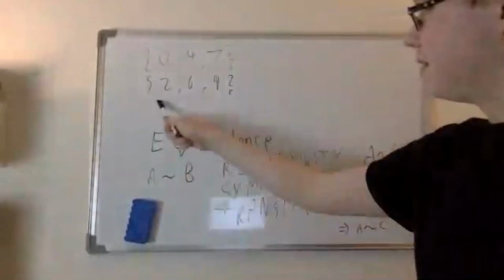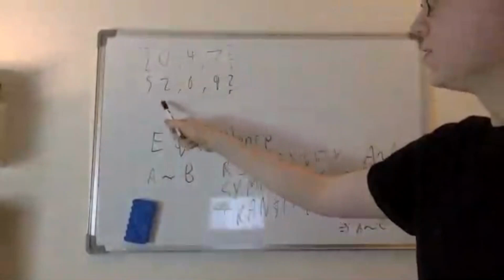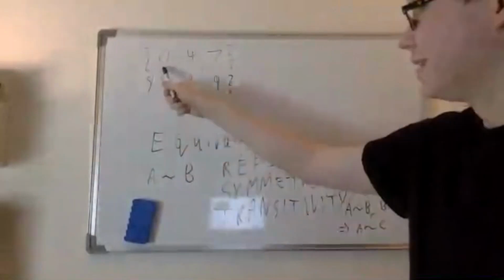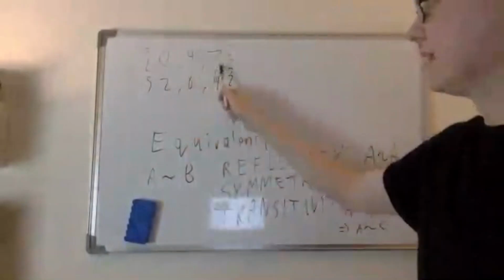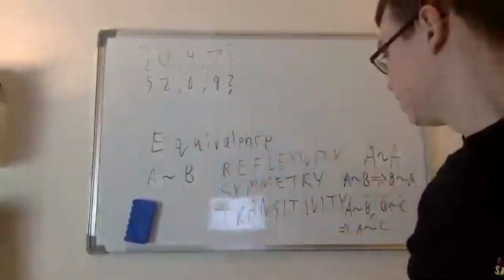This is equivalent to this, because we can see that every element in here is the same, but just with 2 added. So 2 is equal to 0 plus 2, 6 is equal to 4 plus 2, 9 is equal to 7 plus 2. So these two sets are equivalent.